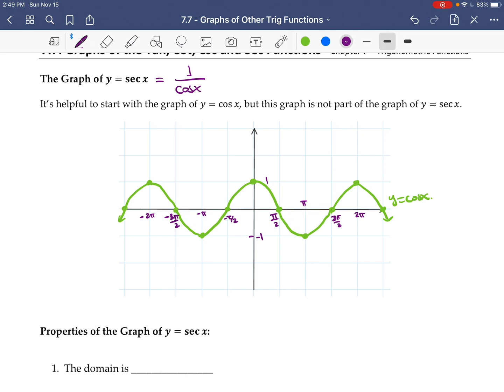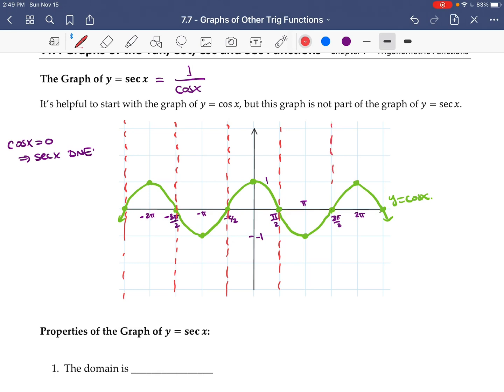Wherever cosine of x equals 0, that means that secant of x does not exist there. So that's where we're going to get our vertical asymptotes. Everywhere that cosine is 0, so I have a vertical asymptote here, here, here.